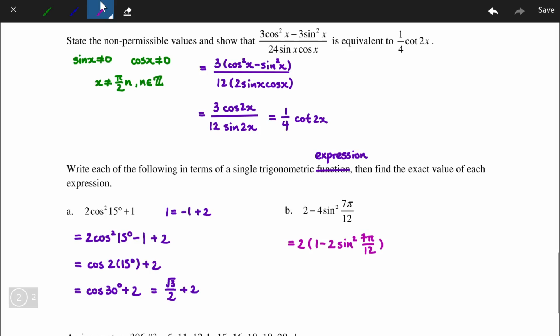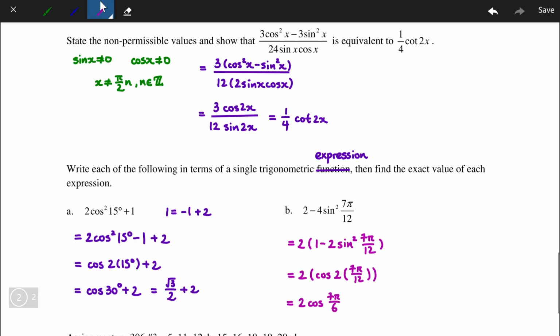That is, again, a double angle identity for cosine, so we can rewrite this as 2 times cosine and then 2 times 7 pi over 12, which actually simplified to 2 and then cosine 7 pi over 6.